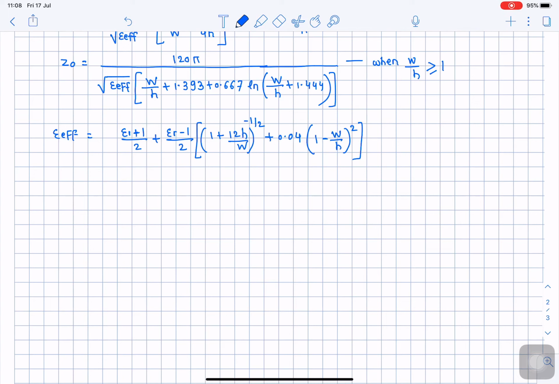We use this equation when the width to height ratio is less than or equal to 1.